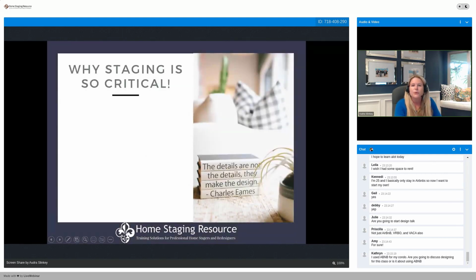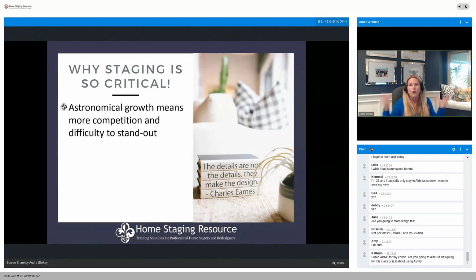All right. So why is design and staging so critical? Why is it so important that maybe you as a business break into this industry? This kind of astronomical growth means there's just more competition in the Airbnb world. It's harder for people's listings to stand out.